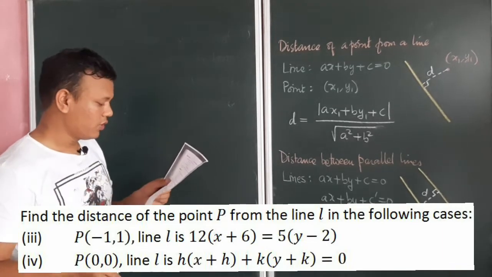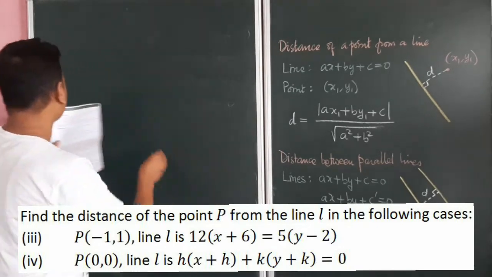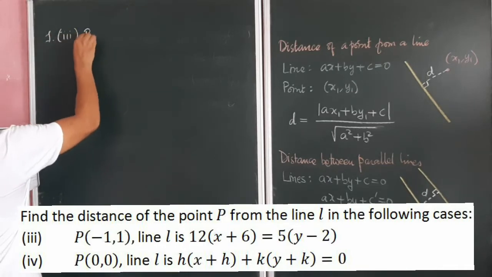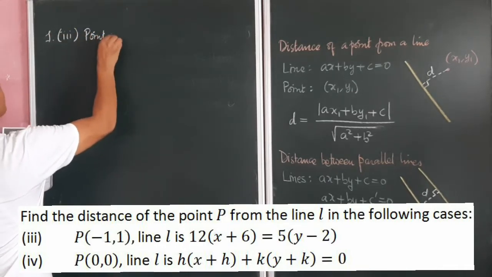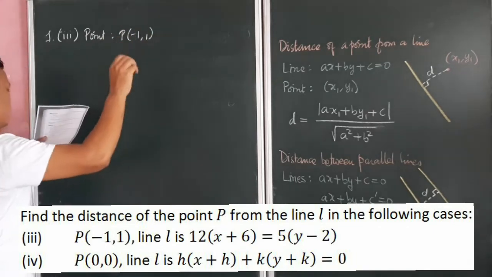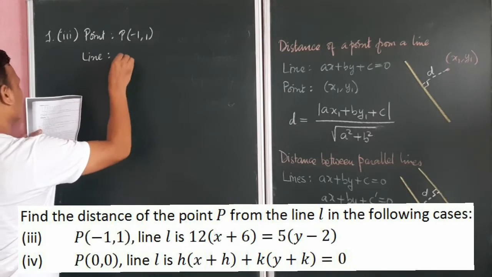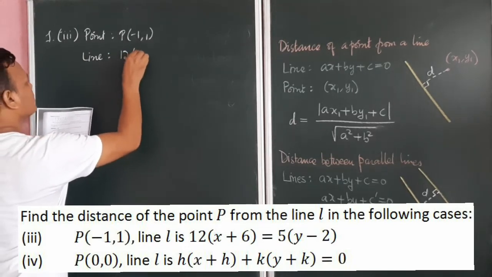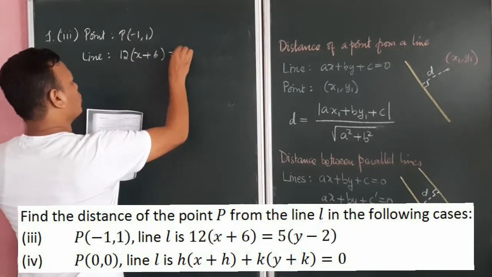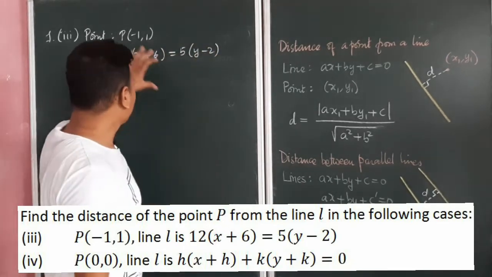So question number 3 says the point is P, that is minus 1 comma 1, and the line is 12 into x plus 6 equals 5 into y minus 2. This is my first problem.